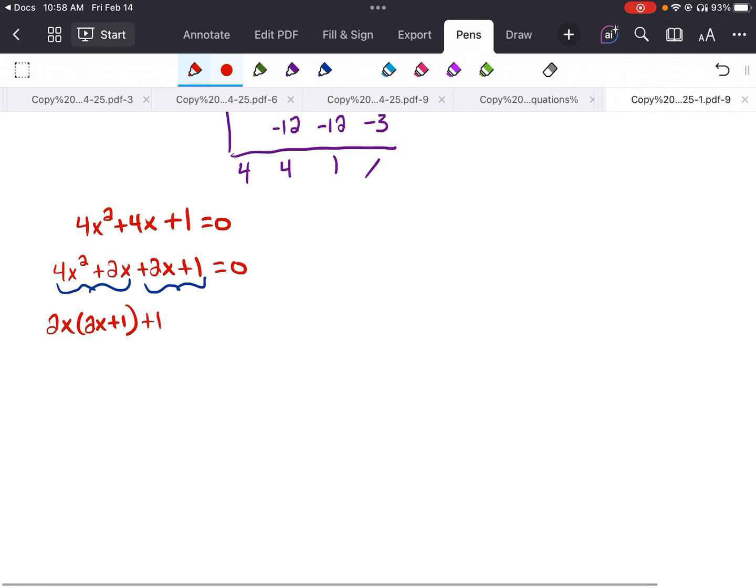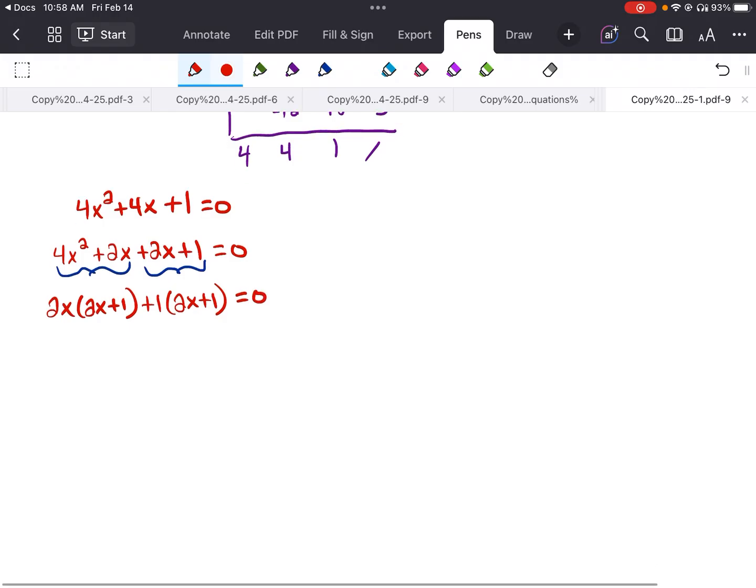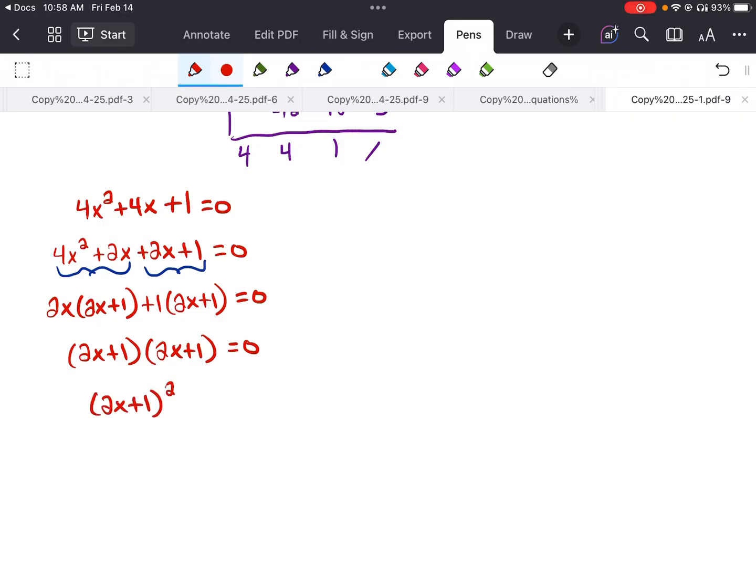So we get 2x with (2x + 1), plus 1 with (2x + 1). We could have looked at 4x^2 and 1, realized they're perfect squares, and that would have worked. Or we just get (2x + 1)(2x + 1), which is the same as (2x + 1) squared.